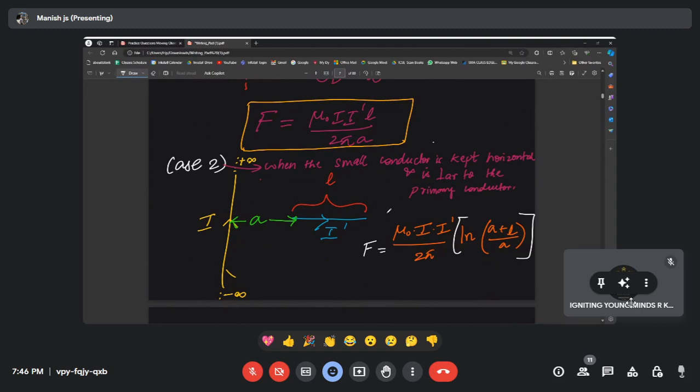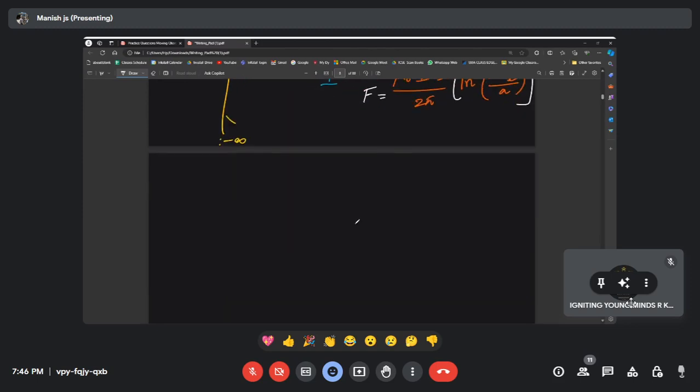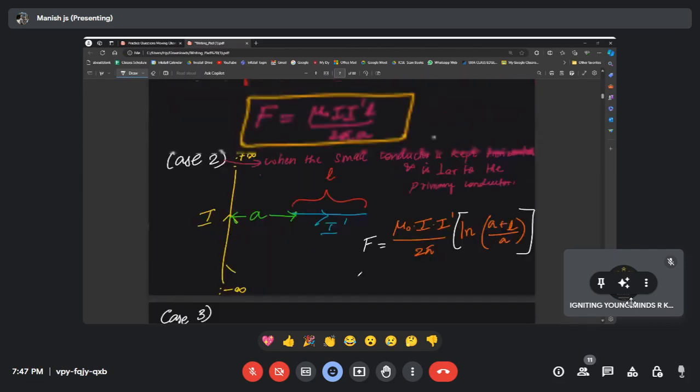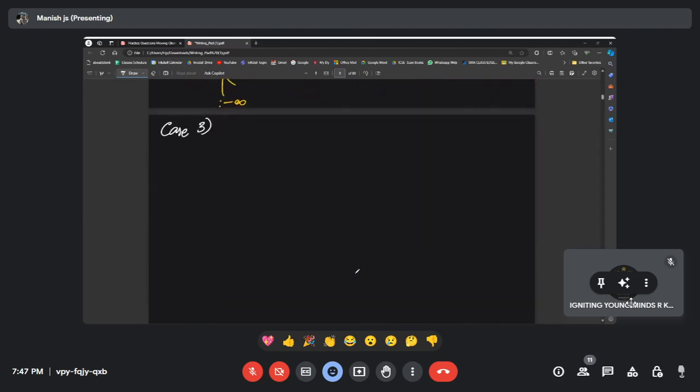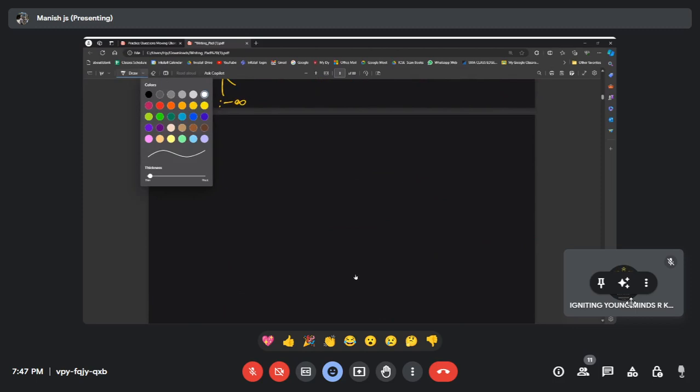That is also possible. Some papers ask questions like that also. So I will include that here. That is case 3, because we need to learn everything in detail. So one more case is there. This is a special case. The first two are the basic ones. The third one, which I'm going to discuss, is a special case. So we will see this also.